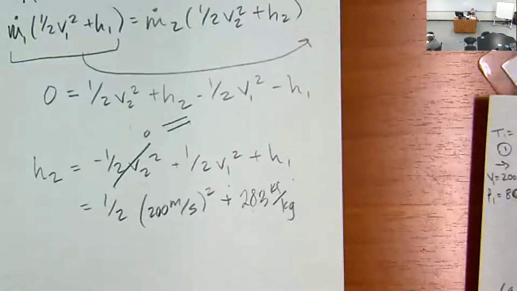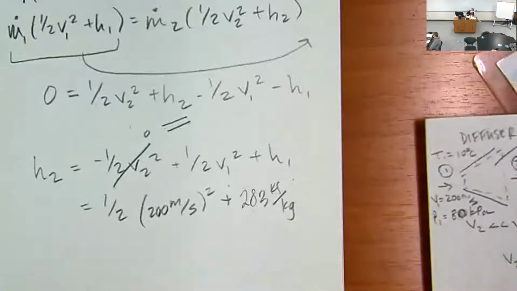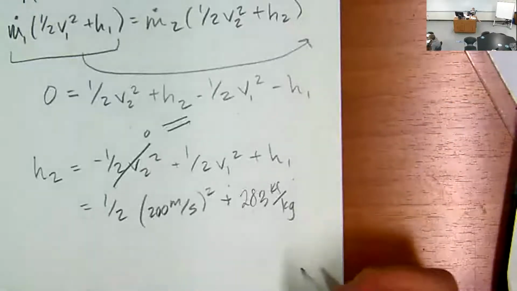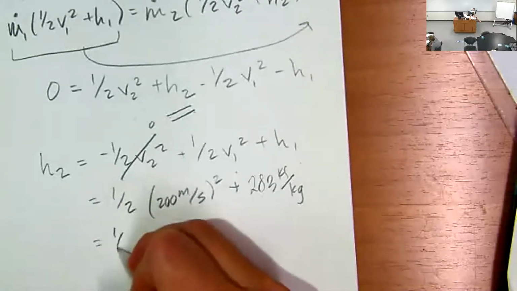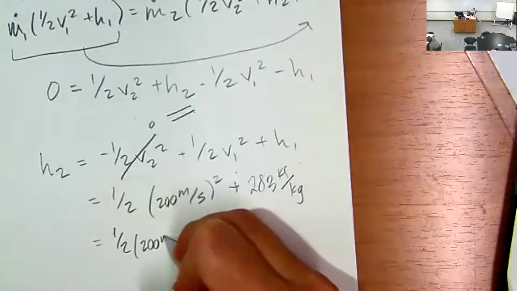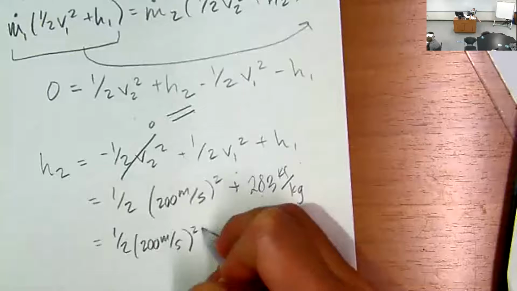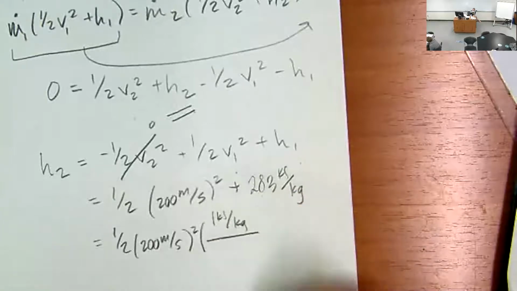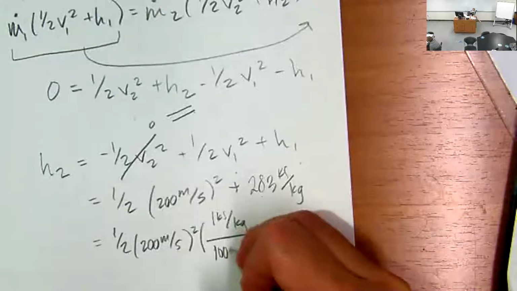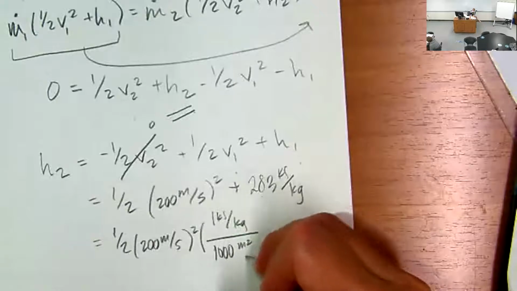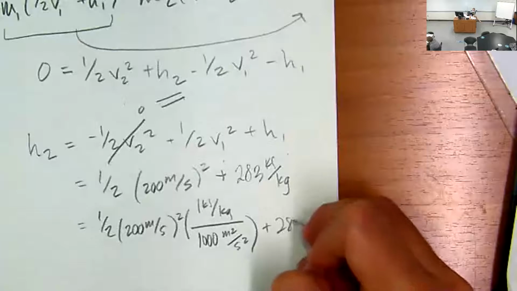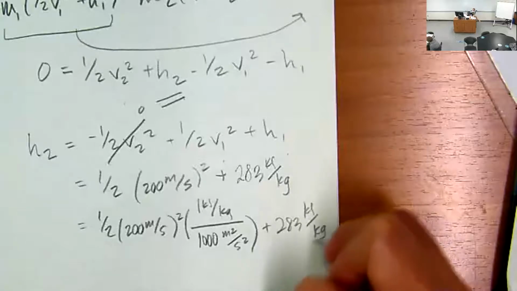And then as was mentioned, these units don't really seem to be matching. So what we did in terms of a conversion was we did 1/2 times 200 meters per second squared times this conversion: 1 kilojoule per kilogram is 1,000 meters squared per second squared, plus 283 kilojoules per kilogram.